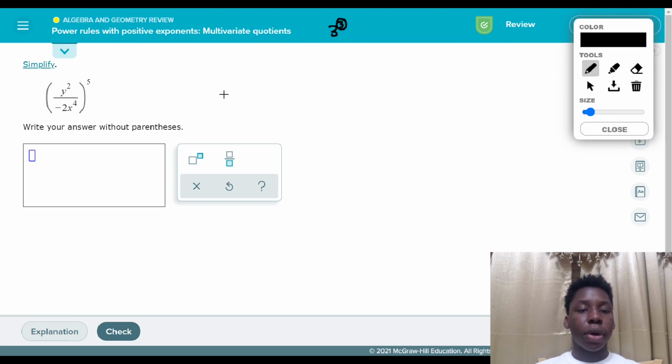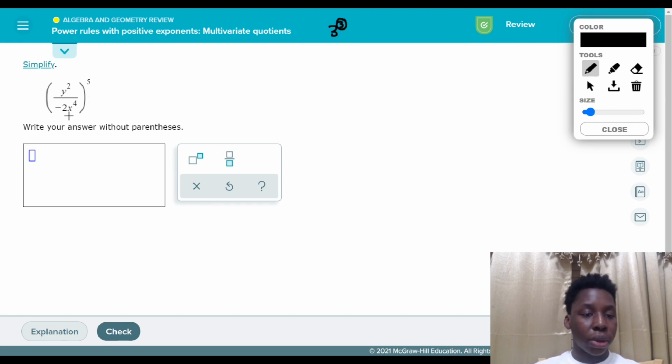All right, let's take a look at this question. This question tells us to simplify y squared over minus 2x to the power 4, all raised to the power 5. So one simple trick that I want to use when working with this kind of question is to treat each variable or number like they're separate.